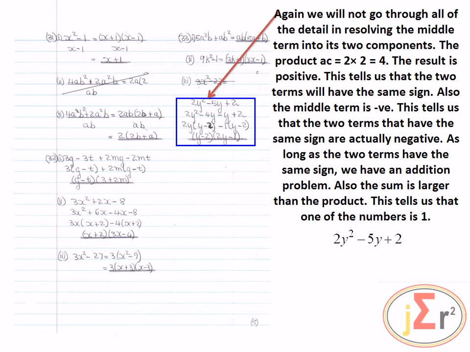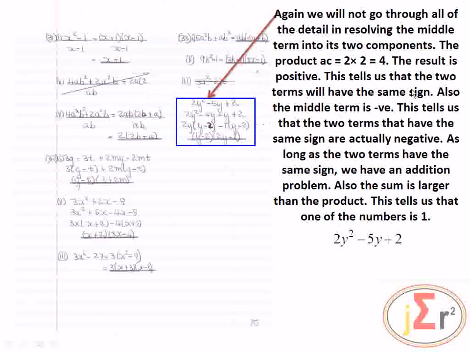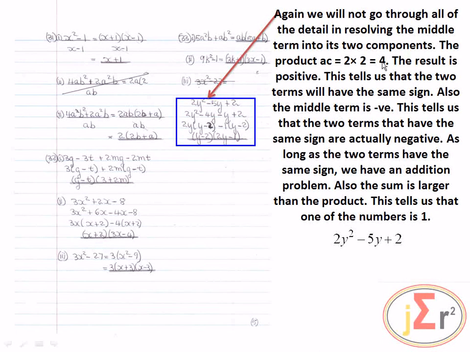This tells us that the two numbers will have the same sign. Also, the middle term is negative. This tells us that the two terms that have the same sign are actually negative, because the two numbers will have the same sign because the product is positive, but the sum is negative.